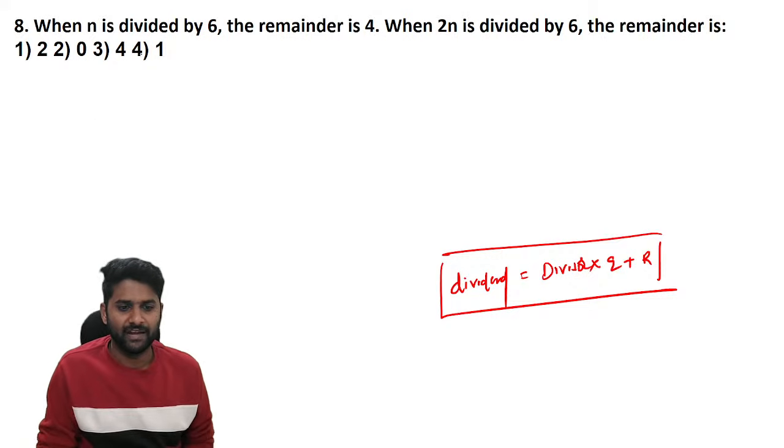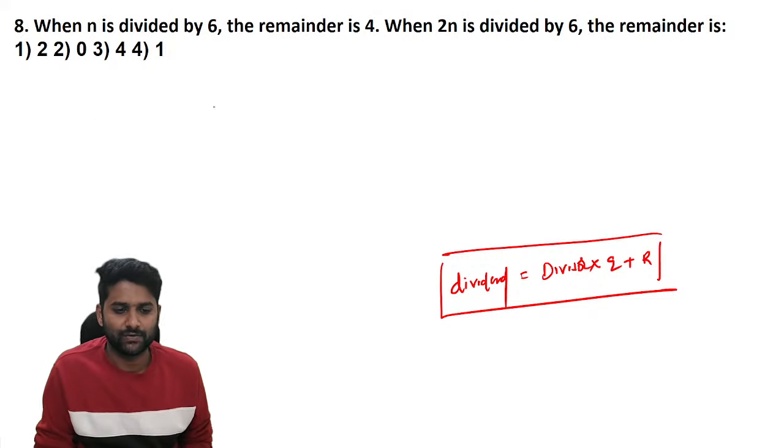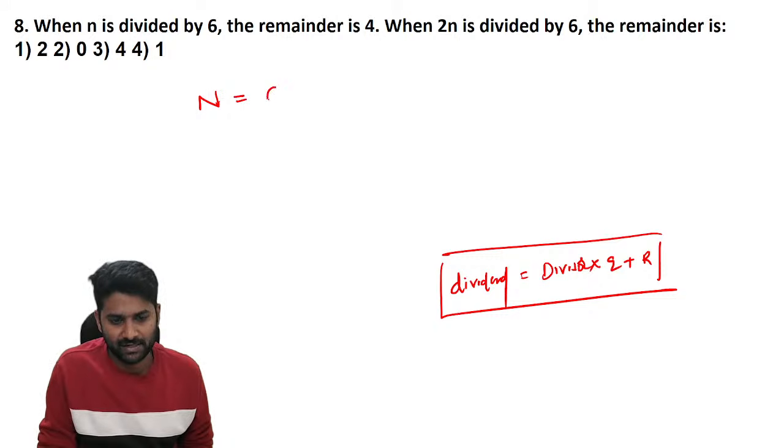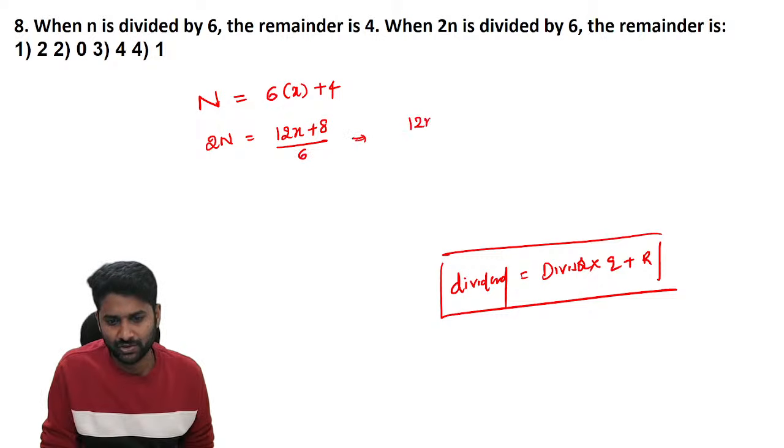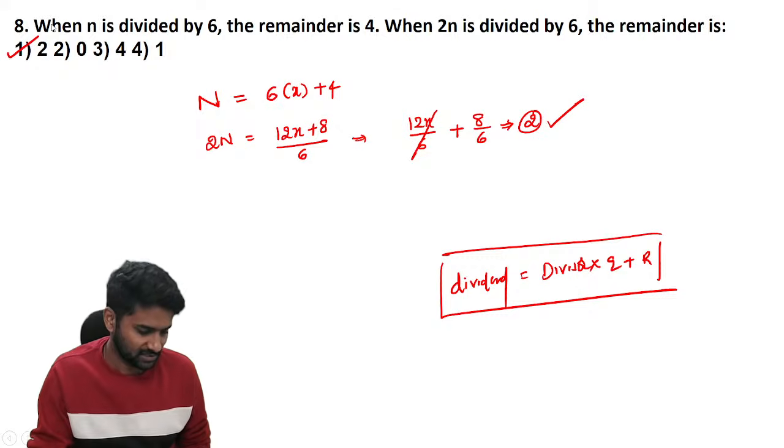When n is divided by 6, the remainder is 4. Here n is the dividend, 6 is the divisor, x is the quotient, and the remainder is 4. So 2n is 12x plus 8. Now 2n is divided by 6: 12x is divided by 6 exactly with no remainder, and 8 divided by 6 gives remainder 2. So 2 is the correct answer.